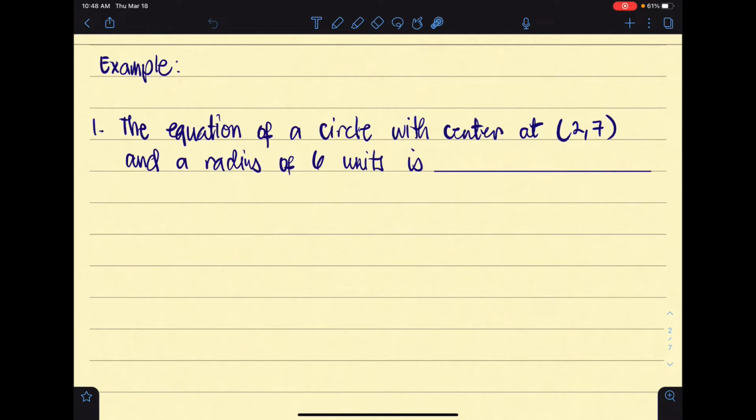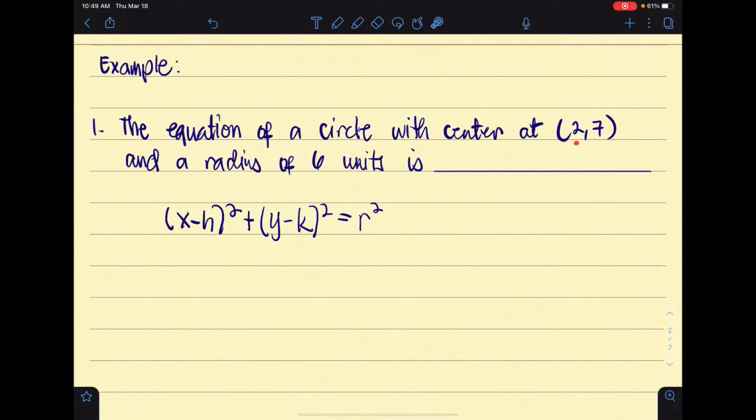First, what is the equation of a circle with center at (2, 7) and a radius of 6 units? Remember that the standard form of the equation of a circle is the quantity x minus h squared plus y minus k squared equals r squared, where h and k are the coordinates of the center.